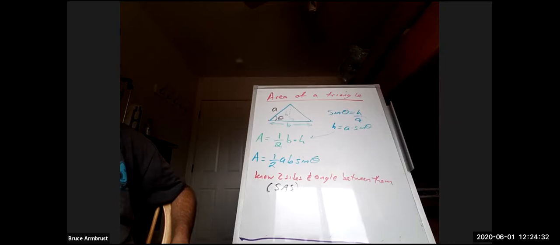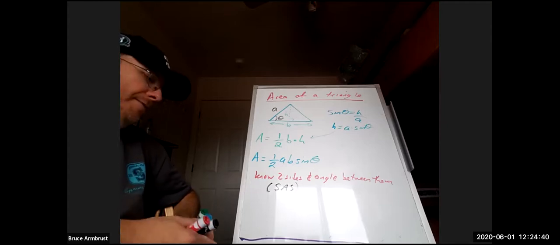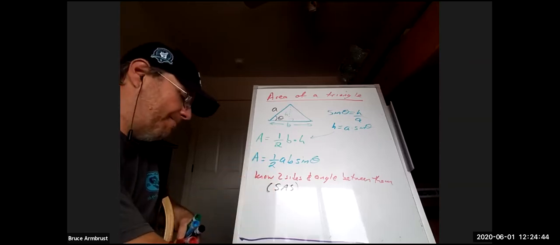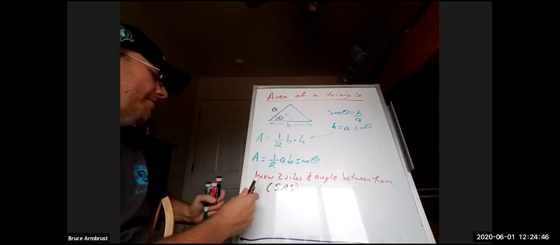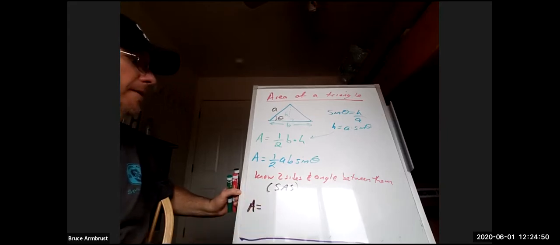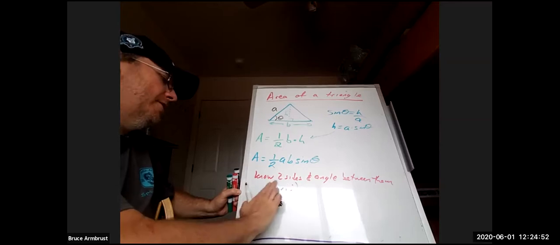Well, it turns out that there's also a way to find this area if you know just the three sides. Okay, so I'm going to give you one more formula here. Start it down at the bottom. Okay, this one's going to be A equals. And this is what this one looks like.